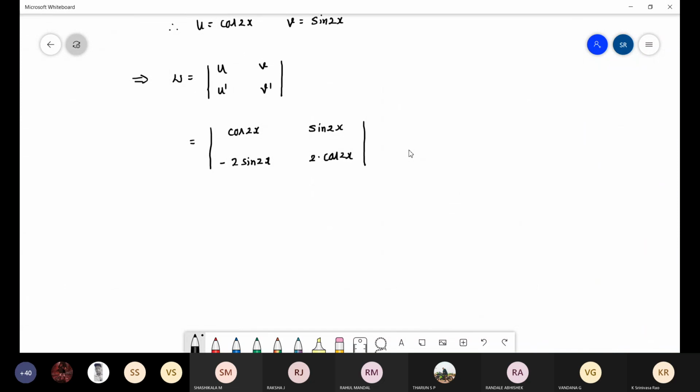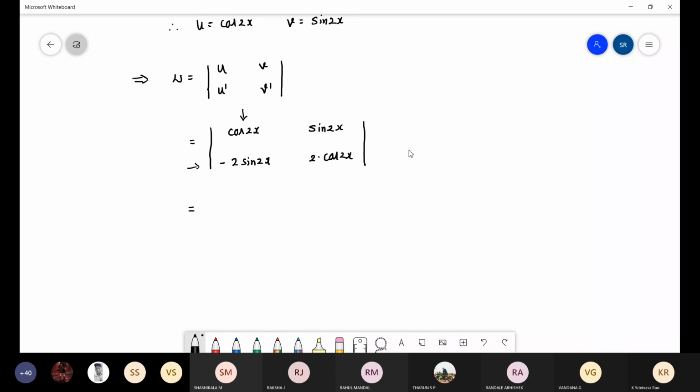Now this is simple, directly you can multiply, otherwise you can take a common factor also. In a determinant, you can take a common factor either column wise or row wise, from the first row, second row, or first column, second column.